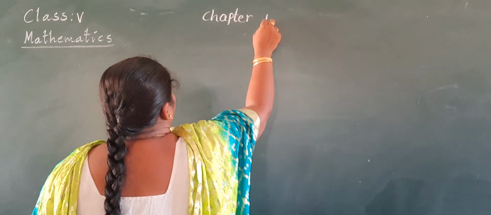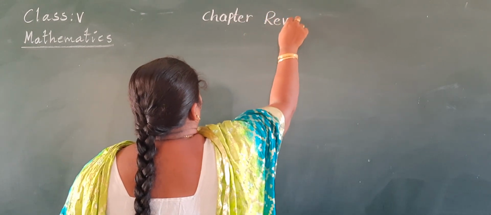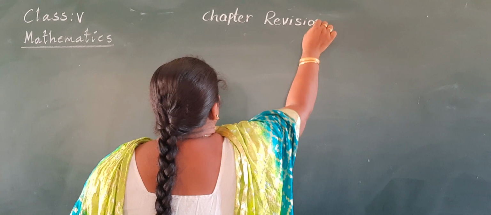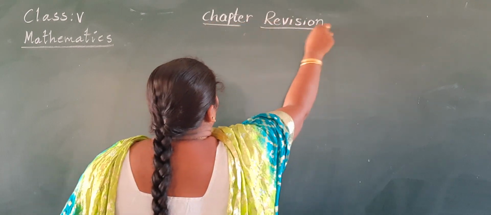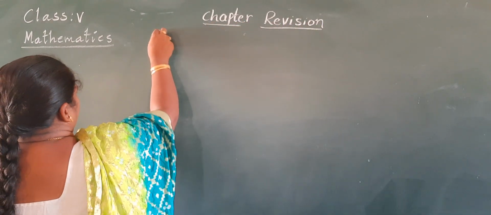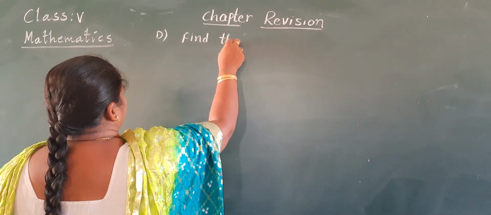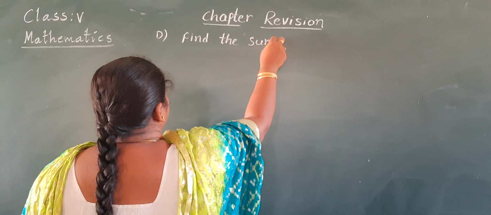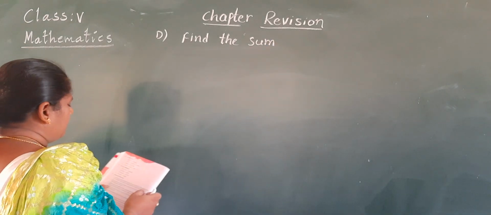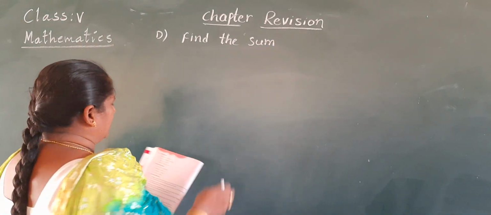Write neatly. Chapter revision. And write D column, find the sum. First one you can do as homework.